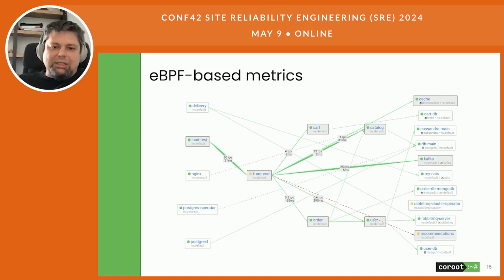We can see latency, we can see the number of requests. You will have all this service map just a few minutes after the installation. You don't need to change the code of your application, integrate the OpenTelemetry SDK, and so on. And it's pretty useful if you want to understand how the system performs right now. You cannot wait for a few weeks for your development team to add some integration.